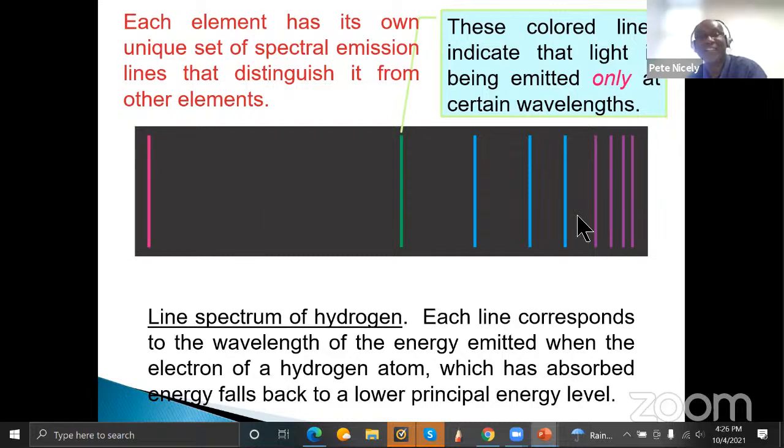So this is the line spectrum for hydrogen, but for other elements, the line spectrum will have a different appearance, different colored lines, and so on and so forth, right? So we can actually use the line spectrum of a particular element to help identify it. In fact, this is what is used, for example, to identify certain elements in the sun, right?